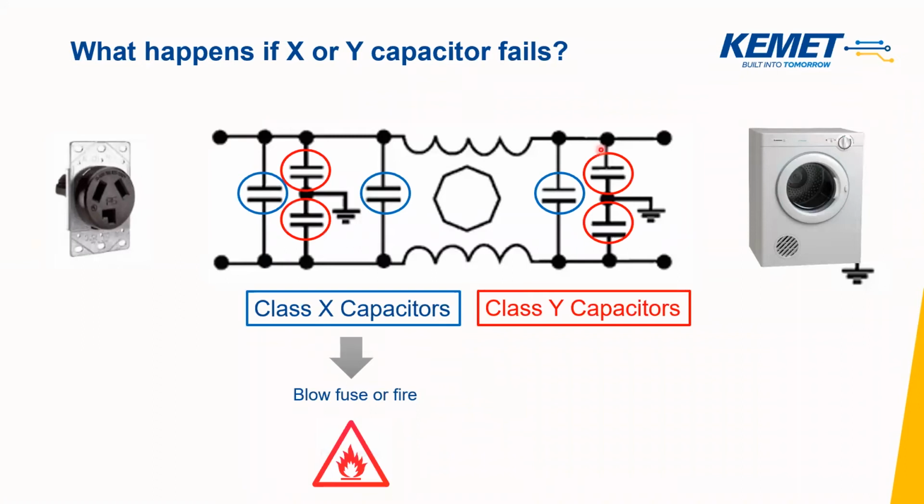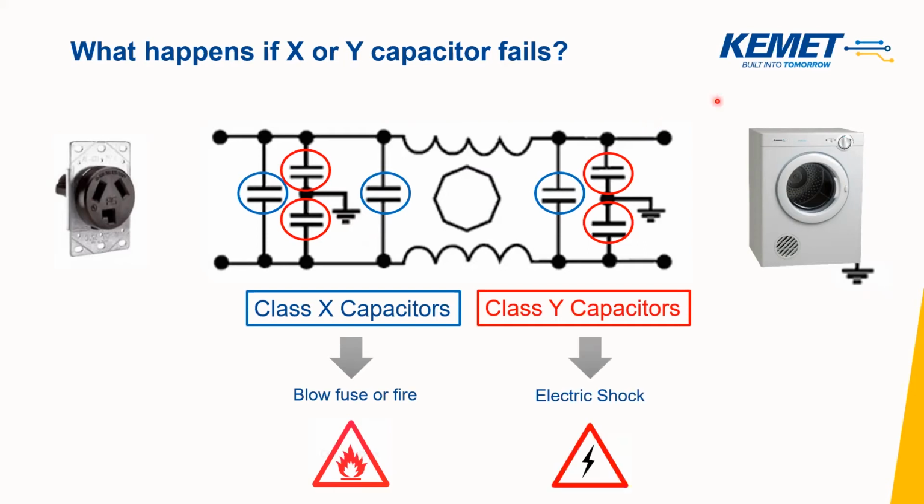But when it comes to Y capacitors, because they're really dealing with the synchronous noise and they are directly connected to ground or chassis, it becomes a little more safety critical, because if there is a short here, then this electrical signal would be conducted onto ground or chassis, and this would then affect all the other lines in your AC mains network.